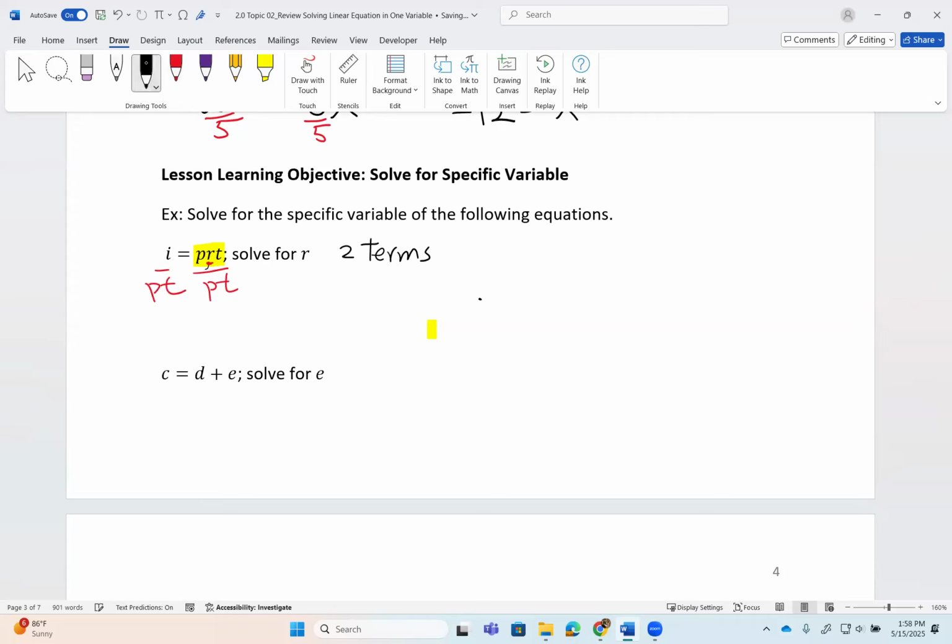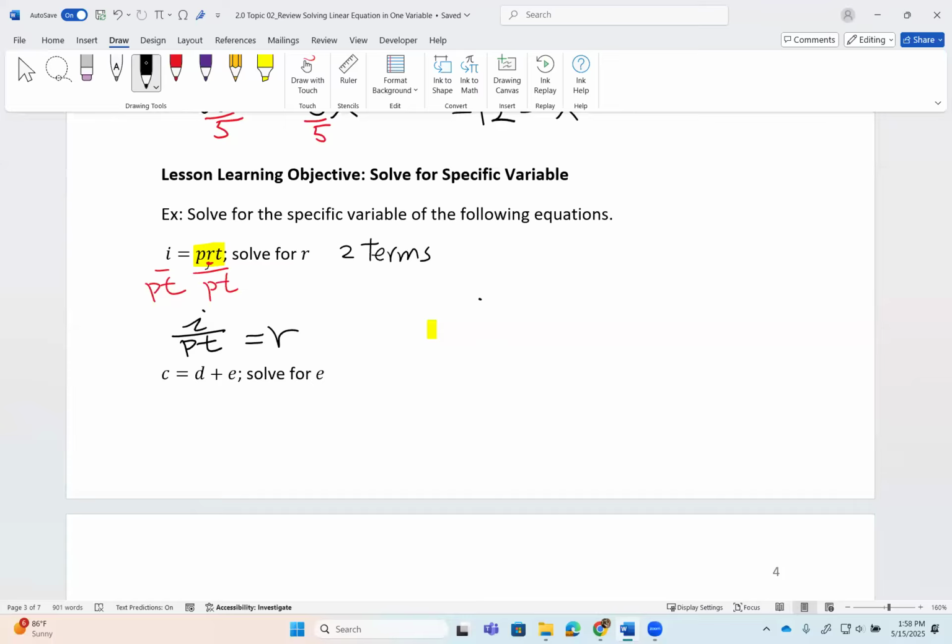So my answer, R equals I over PT. There you go, right? PRT is a variable term because the term contains the variable. Once I realize I'm solving for R, PRT is a variable term, R is a variable, so all the other factors inside the variable term become the coefficient, which is PT. So that's it, R equal to I over PT.